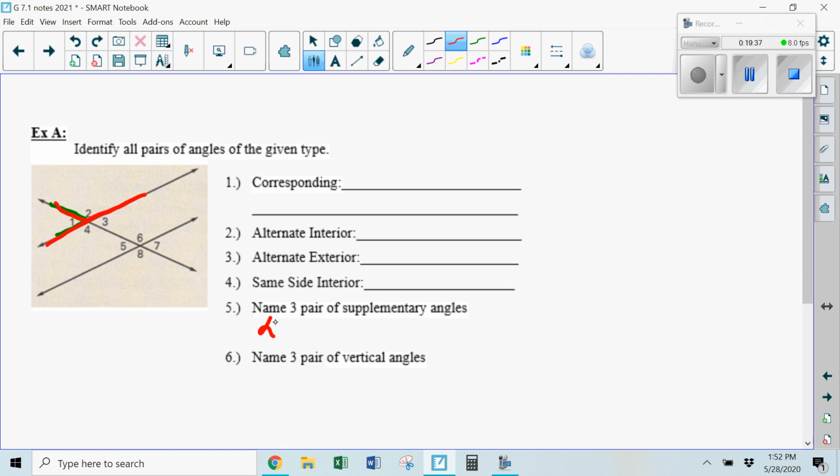So angle 1 and angle 2 are supplementary. Or you could go with angle 2 and angle 3. There's a whole bunch of them. There's more. You could go with 8 and 7. That's not new for today.